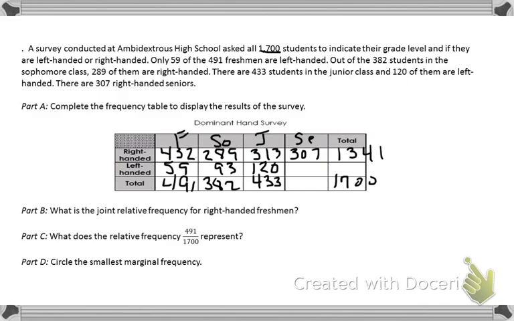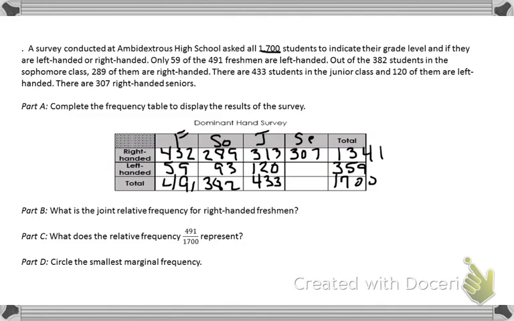Also, since I have 1,341 and I have the total 1,700, I can find out how many left-handed students there are. So I can take 1,700 and subtract 1,341, and there are 359 left-handed students.